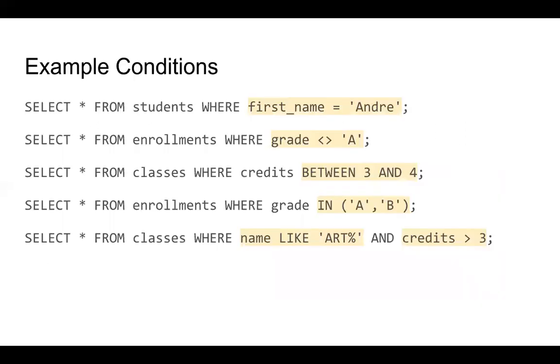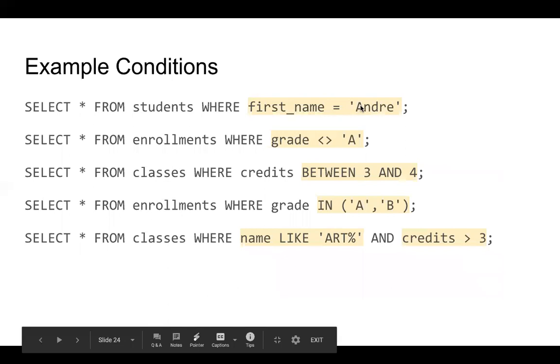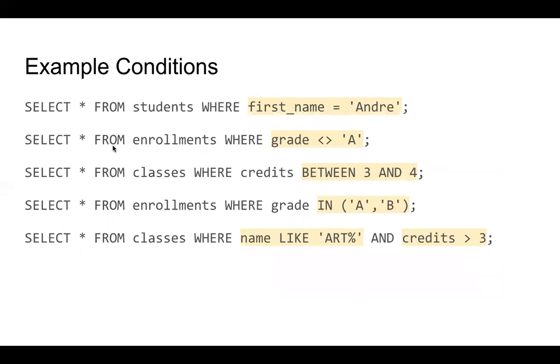So we have some examples here. Select all from students where first name is Andre. This would give you every student whose first name is Andre. Select all from enrollments where the grade is not equal to A. This would give you all of your B, C, D, E, and F students. You could get all your classes where credits are between 3 and 4.